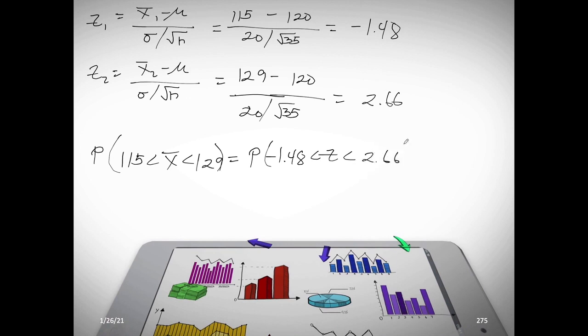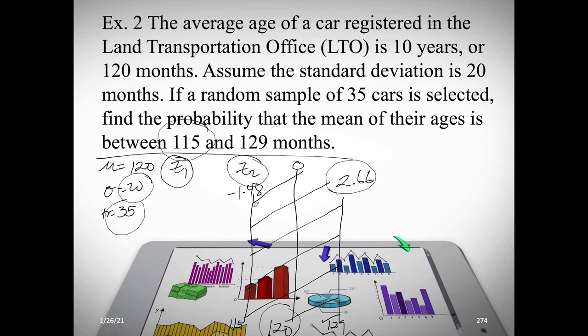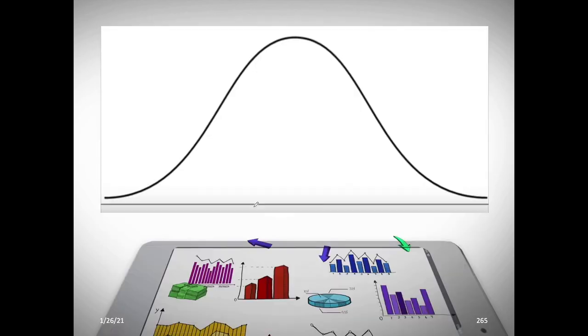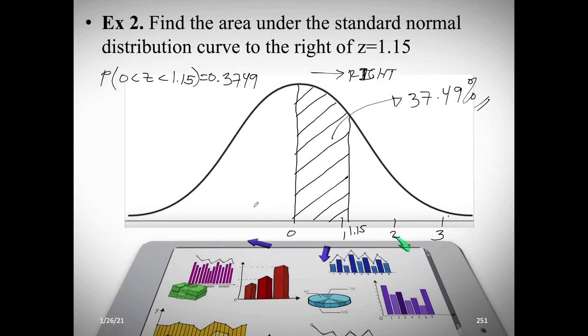And para ma-solve ito, we need to find first the value of negative 1.48 to 0. So we have here P negative 1.48 less than Z less than 0. Then plus natin yung difference of 2.66 from the 0, which is P of 0 less than Z less than 2.66.